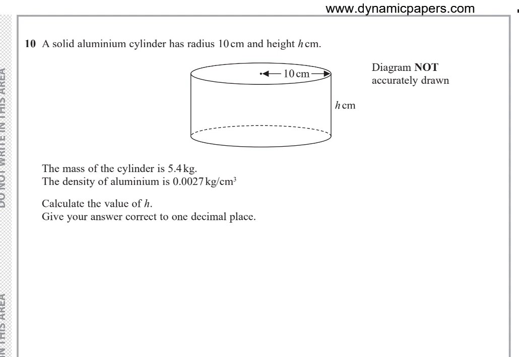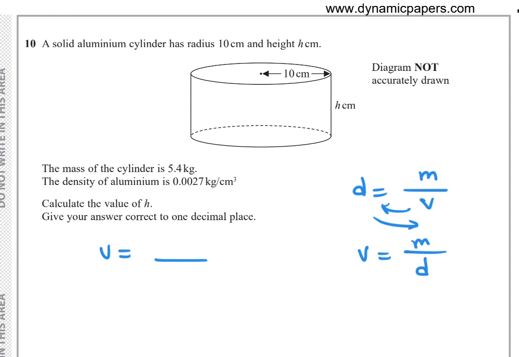From the mass and the density, we can find the volume, because density equals mass over volume. So you can deduce that volume equals mass over density. So volume equals 5.4 divided by 0.0027 equals 2000 cubic centimeters.